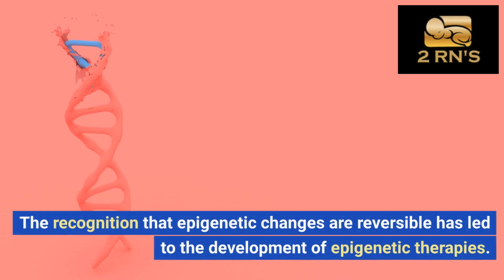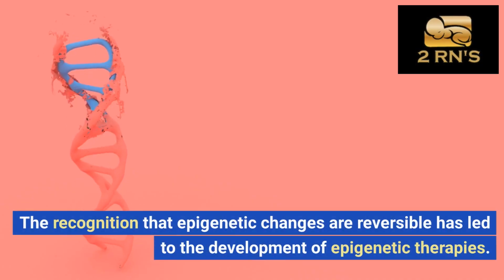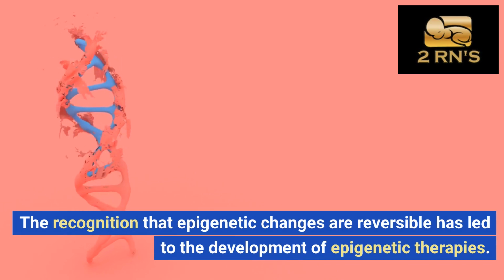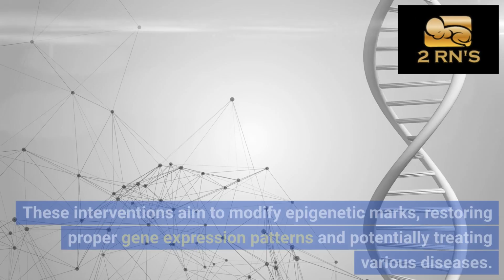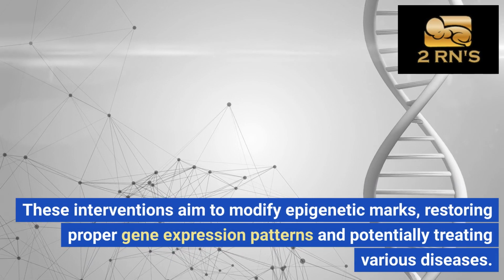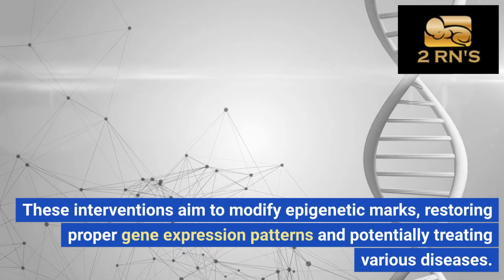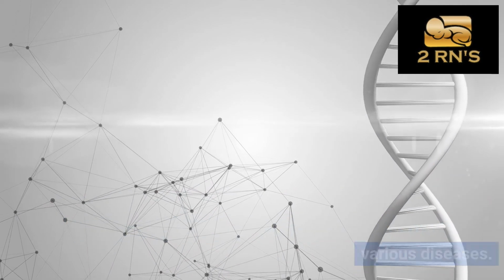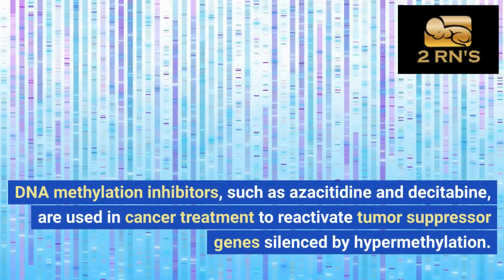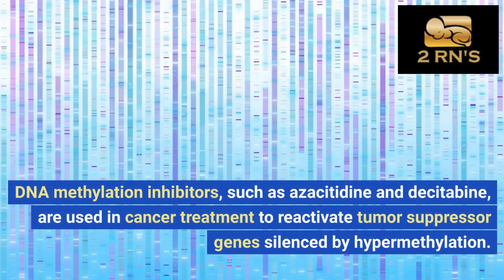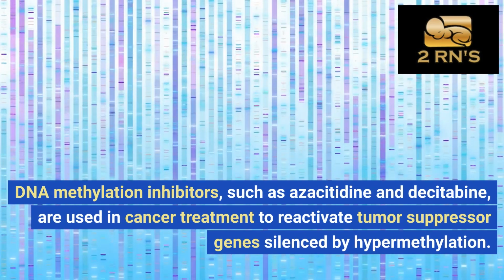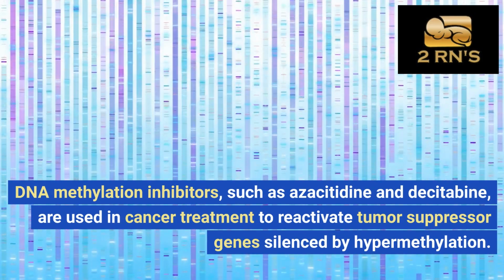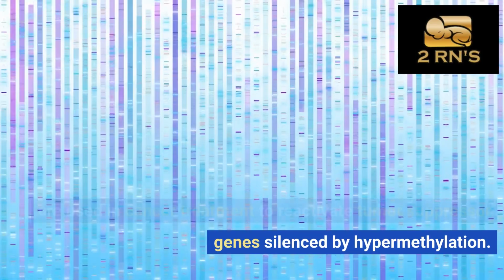The recognition that epigenetic changes are reversible has led to the development of epigenetic therapies. These interventions aim to modify epigenetic marks, restoring proper gene expression patterns and potentially treating various diseases. DNA methylation inhibitors, such as azacitidine and decitabine, are used in cancer treatment to reactivate tumor suppressor genes silenced by hypermethylation.